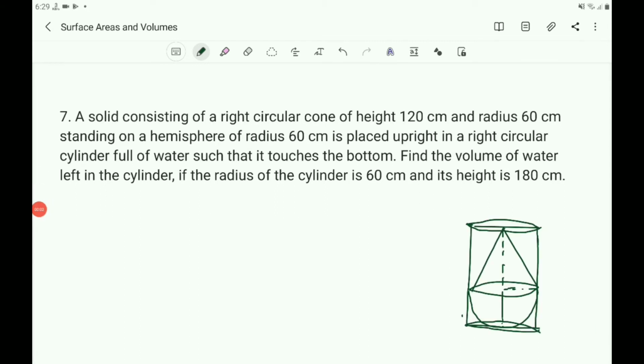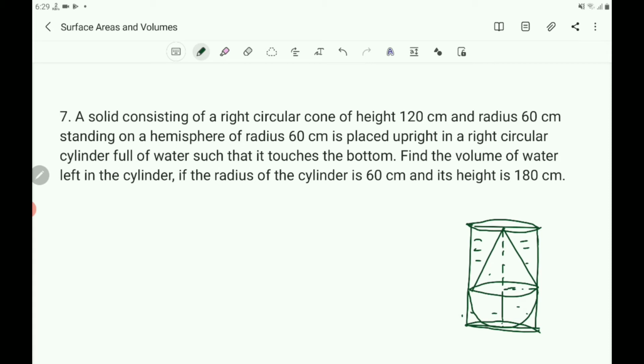Children, observe the figure. Here is a cylinder filled with water. In that there is a solid consisting of a right circular cone of height 120 centimeter and radius 60 centimeter standing on a hemisphere of the same radius 60 centimeter, placed upright in the cylinder.